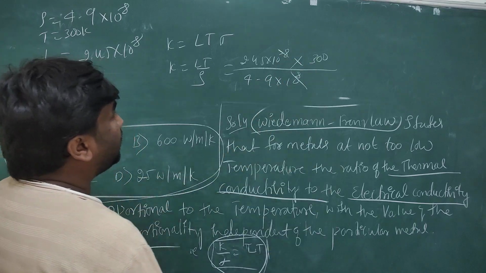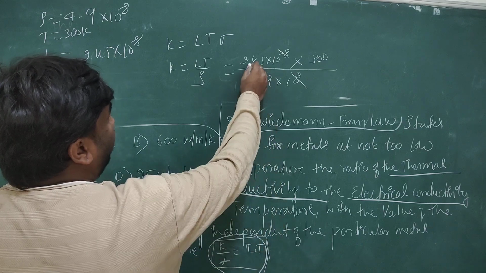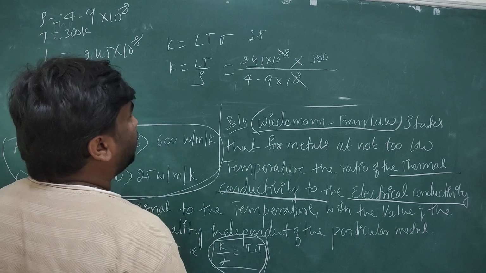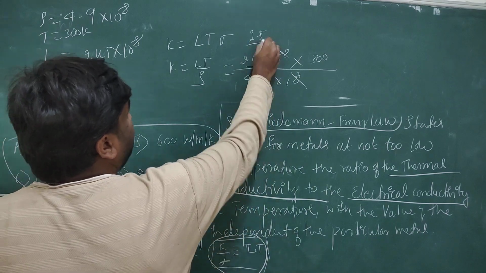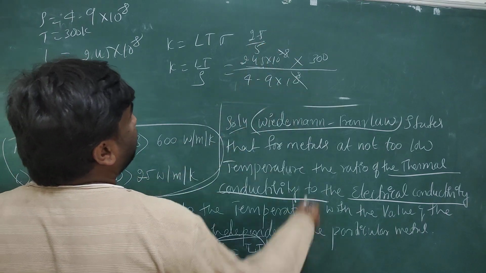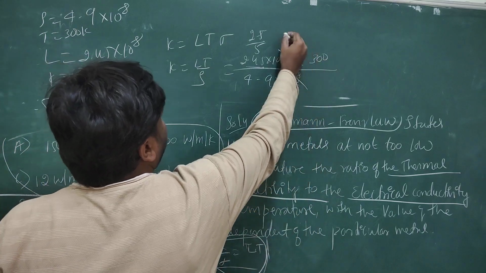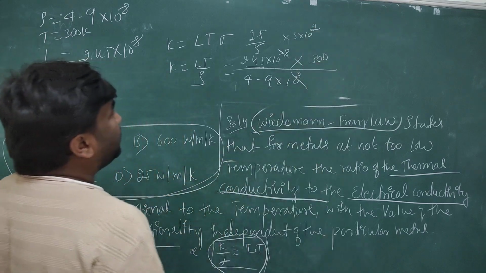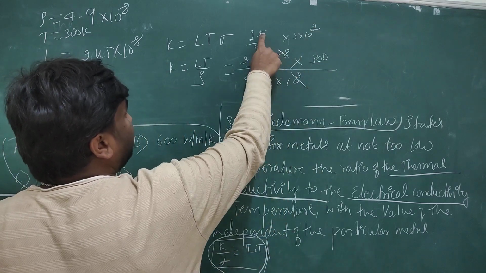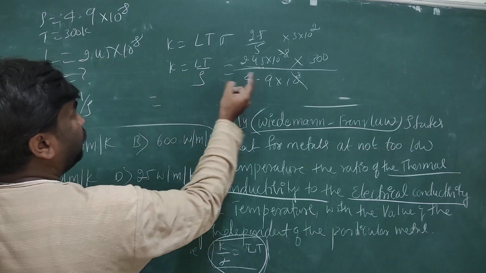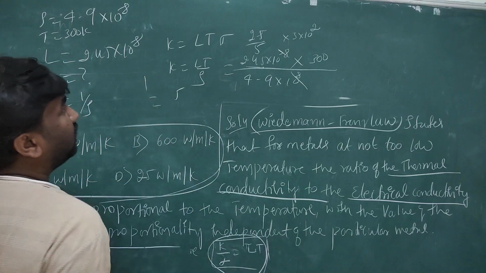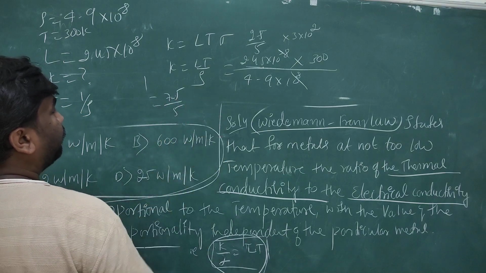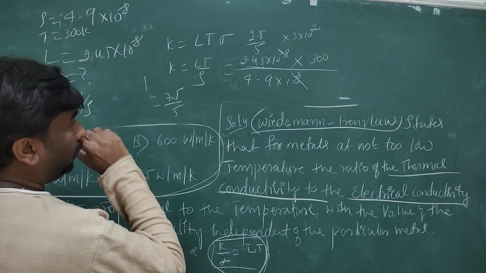Minus 8 cancel, and 2.45 is approximately equal to 2.5, and 4.9 is approximately equal to 5, and this is 3 into 10 to the power of 2. So if you multiply 3 with 2.5, 3 fives are 15, 5 1 carry, and 3 twos are 6 plus 1, 7.5, divided by 5.